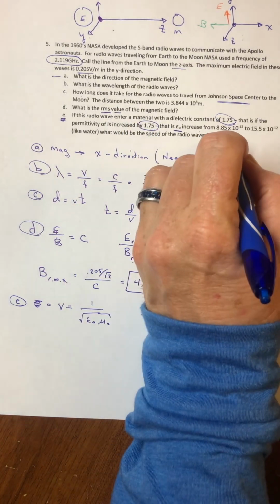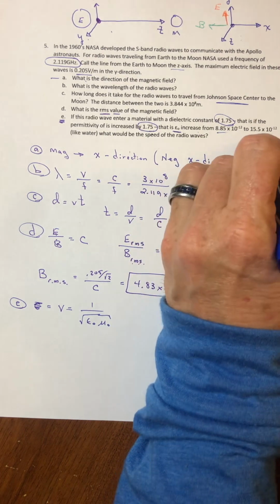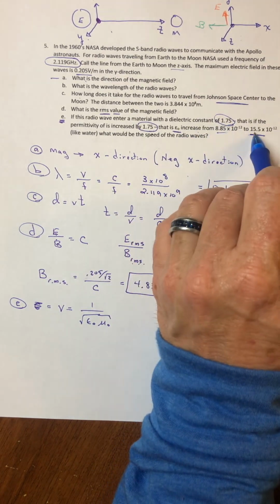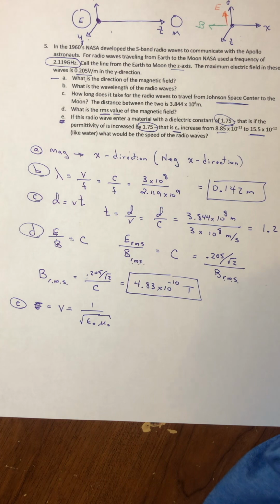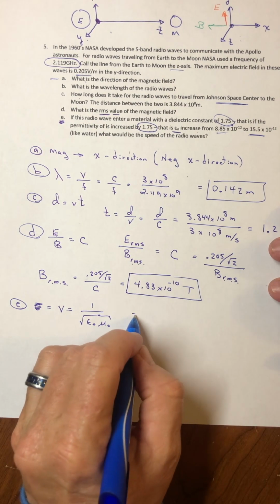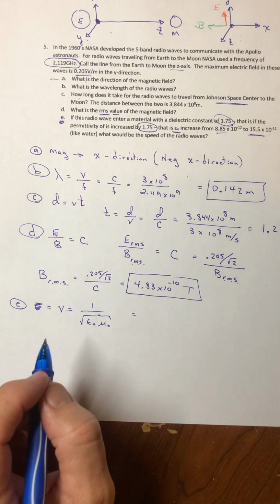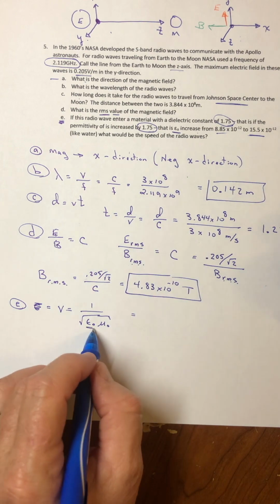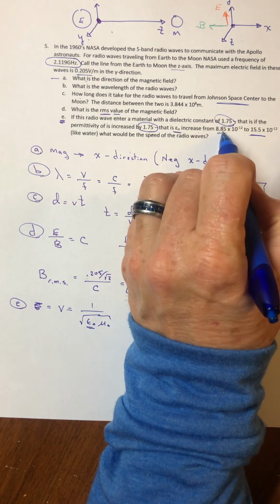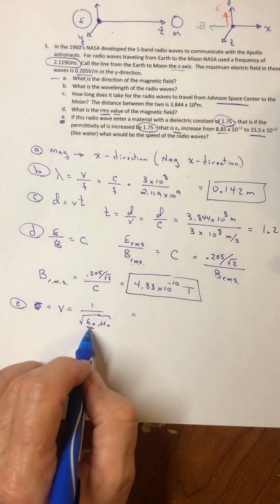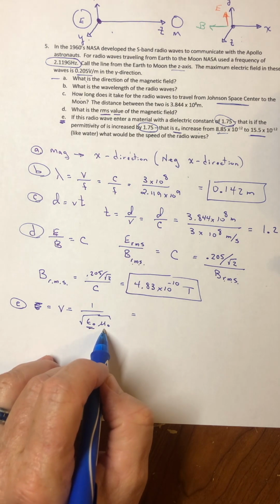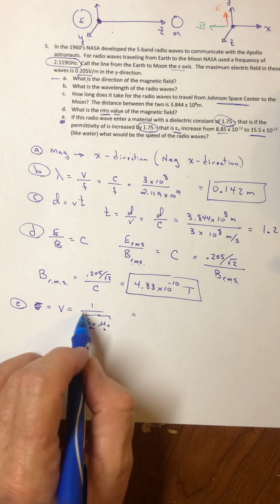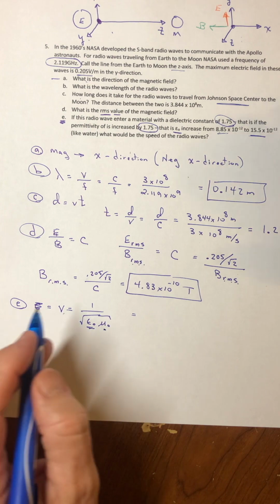That is, it was 8.85. Now, if you multiply it by 1.75, it'll be 15.5. Here's my point: if I put the 8.85 in here, and the 4 pi times 10 to the minus 7, that's how we got the speed of light in a vacuum.